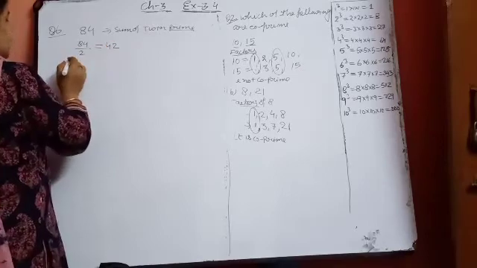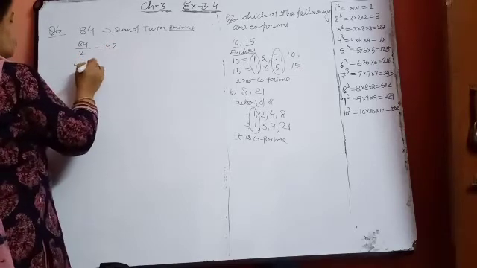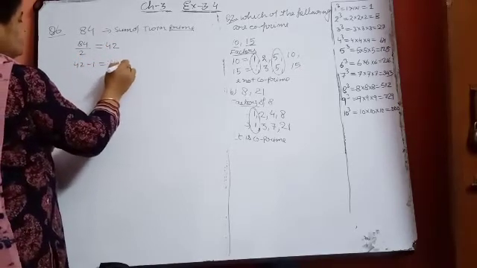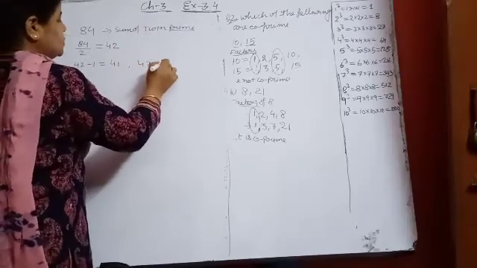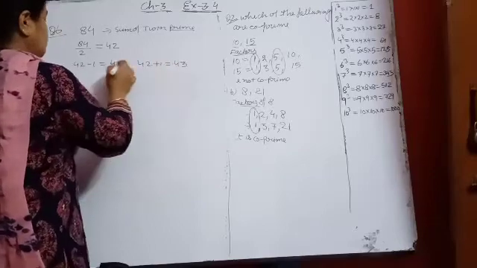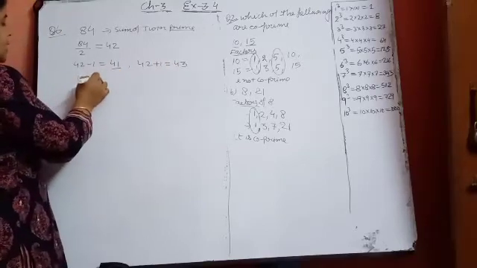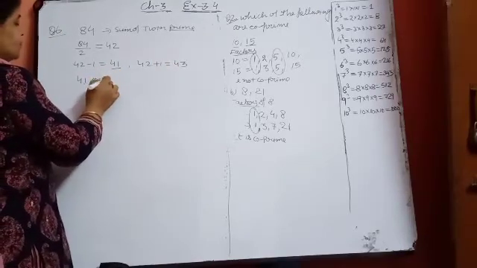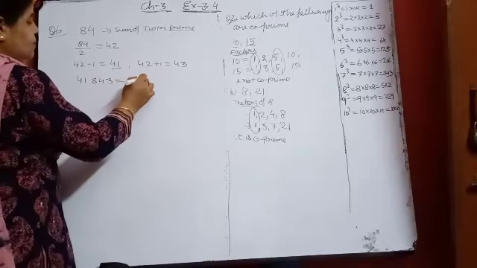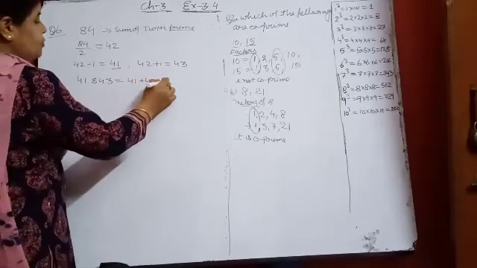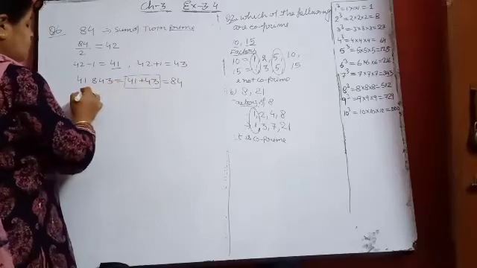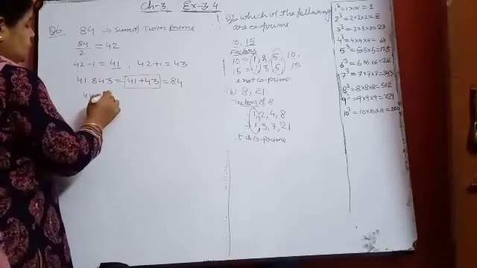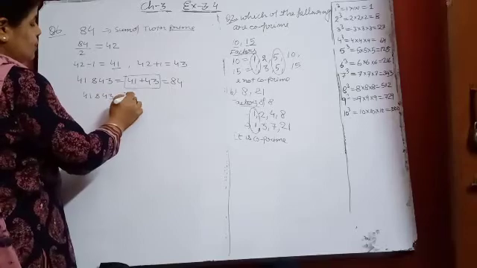For finding twin primes, 42 minus 1 is 41, and 42 plus 1 is equal to 43. Now you can see that 41 plus 43 is 84, and both 41 and 43 are twin primes.